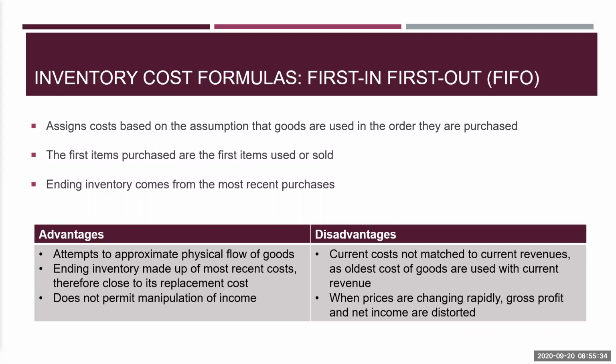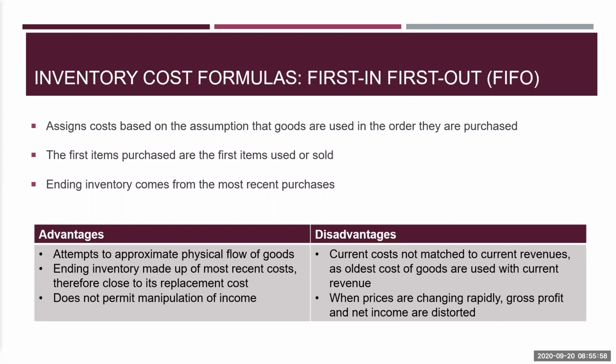The advantage of this method is that it attempts to approximate the physical flow of the inventory. That's what we were saying with your warehouse. It has to support that. It needs to have the layout where the items that were purchased first are actually sold first. It does not permit any manipulation of income, and your ending inventory is made up of your most current purchases.